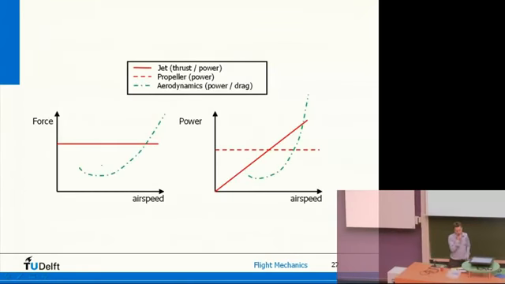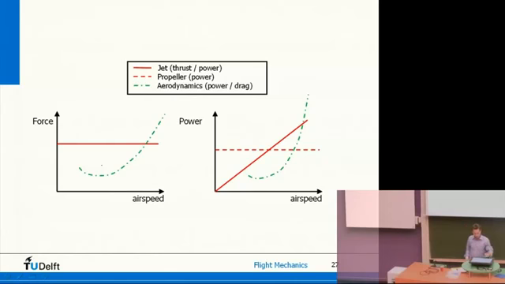So, back to this diagram. Now I said for a propeller aircraft, that was an aircraft that could adjust the pitch of the propeller blades in order to get optimal efficiency as a function of airspeed. So this is why we assumed power was more or less constant for a propeller.